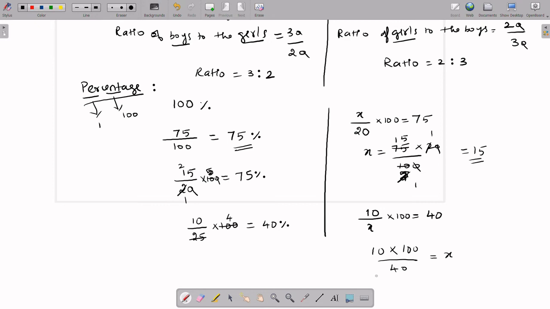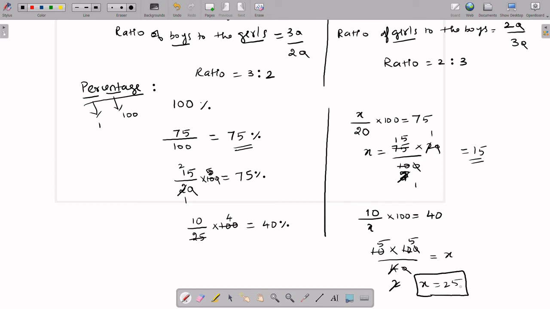So these terms get cancelled, and here 2 times 2 and 5 times, and this is 1 time and this is 5 times. So the value of x will be equal to 25. So the exam will be out of 25.